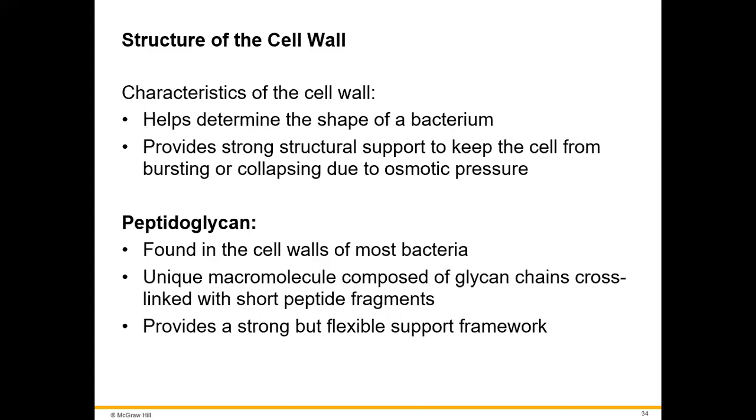That's what the cell wall is composed of, which is a sugar with short peptides, which are short little chains of amino acids. It is a unique macromolecule. These glycans, which are sugars, are cross-linked with short peptide fragments, which are amino acids. It provides a strong but flexible support framework for the bacteria.